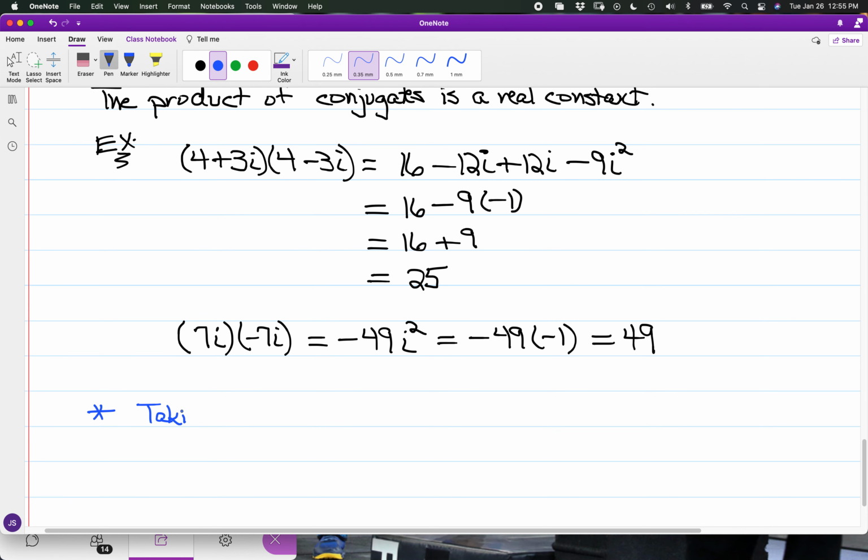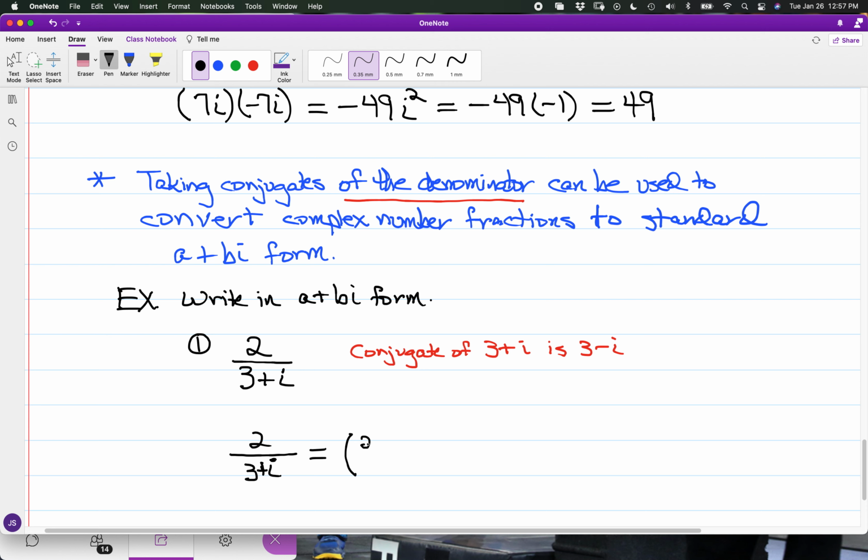So for what I have here in terms of taking conjugates, I'm going to multiply this ratio by 1 in the form where we have the conjugate of the denominator divided by itself. So in this case, the conjugate of 3 plus i, the denominator, is going to be 3 minus i.